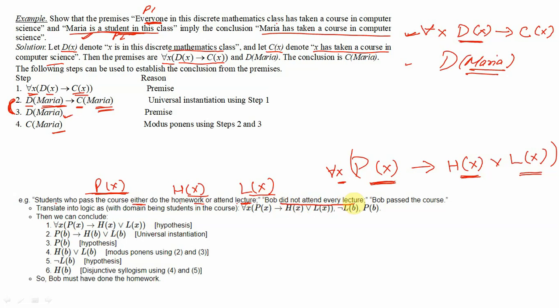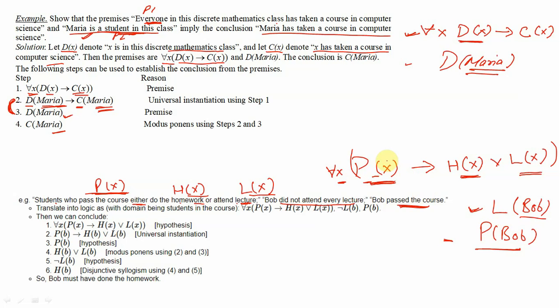Bob did not attend every lecture. So negation of L Bob. This is instantiation. So this is my second premise. Bob passed the course. P Bob. This is the third premise. This is once again instantiation of Px.